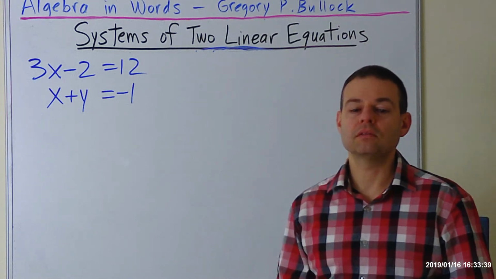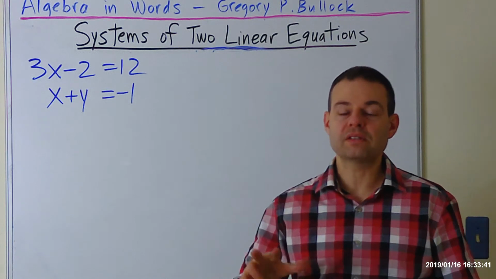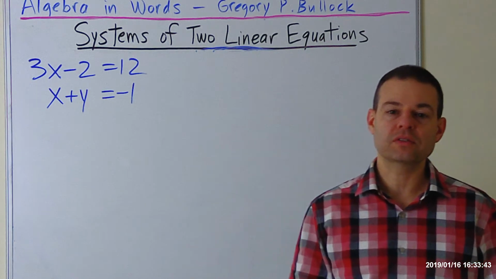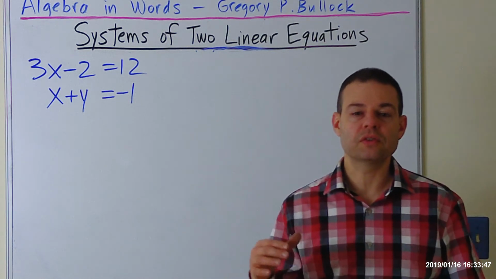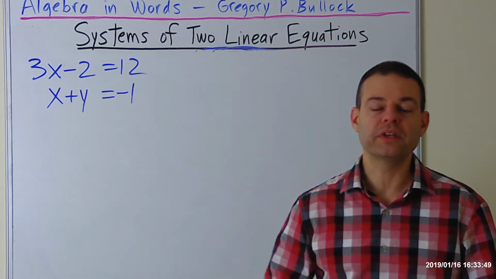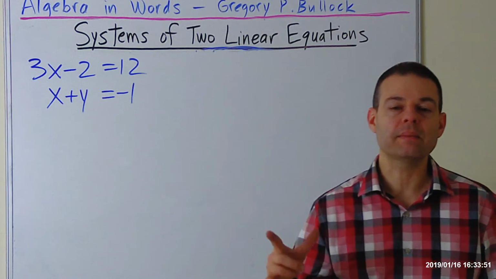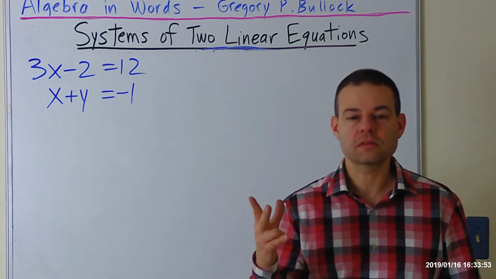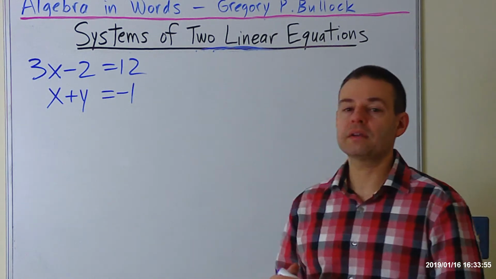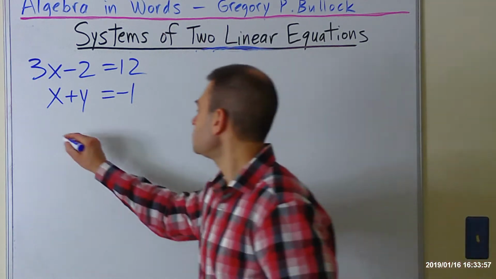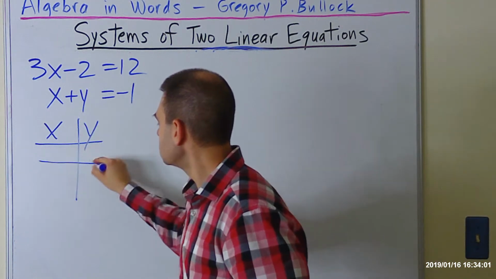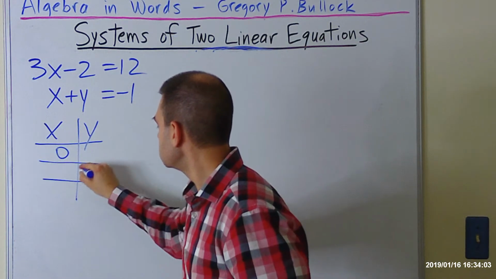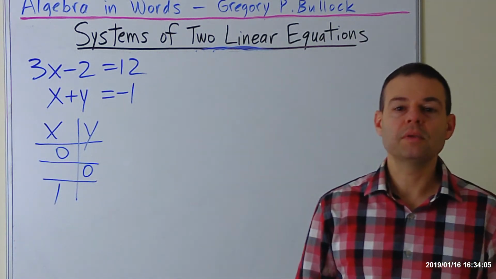Let's pause there. There are two ways that you can make the lines for linear equations. I went over both methods in previous videos, in the introduction to linear equations, where we only had one at a time. You can either make a table of three points.